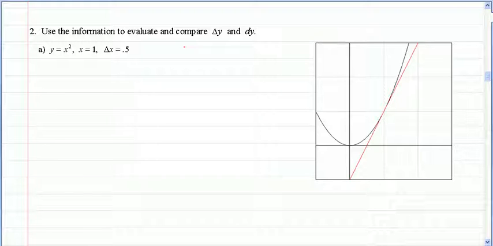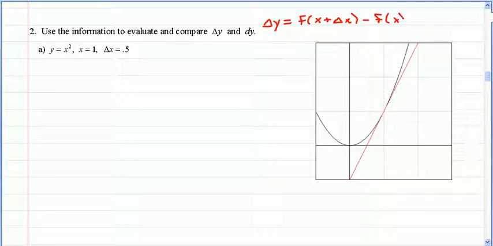So for number 2, we want to use the information to evaluate and compare delta y and dy. So for both parts of this example, we will use the formula for delta y in the beginning of this lesson, which is f of x plus delta x minus f of x, and the formula that we will use for dy is equal to f prime of x dx.